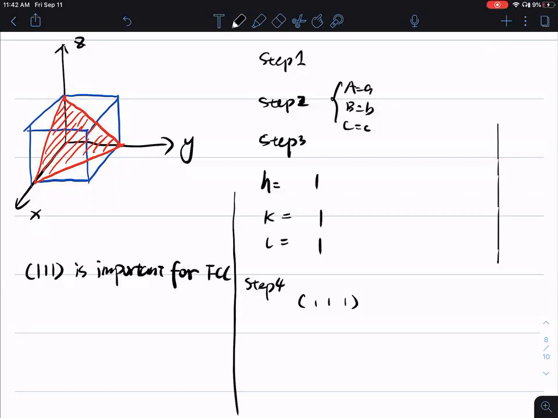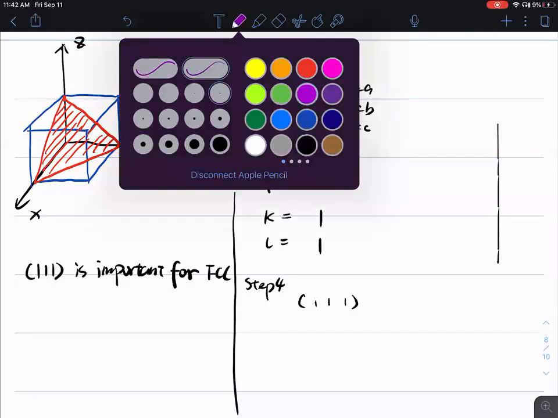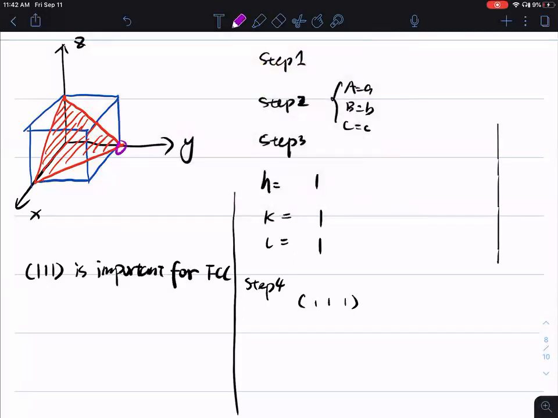Why is that? Just imagine where the atoms are inside the unit cell for FCC. Let me use a different color. If we want to draw FCC, the atoms would be on the faces, right?